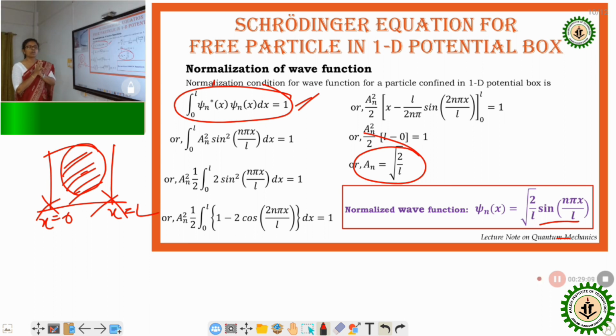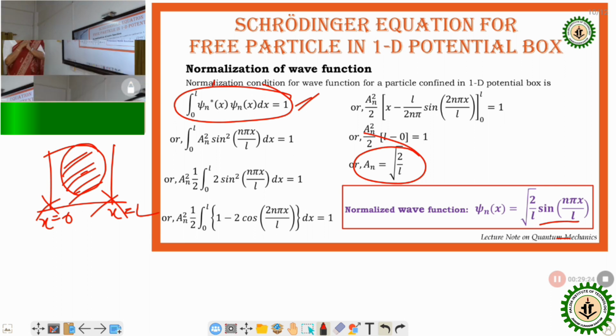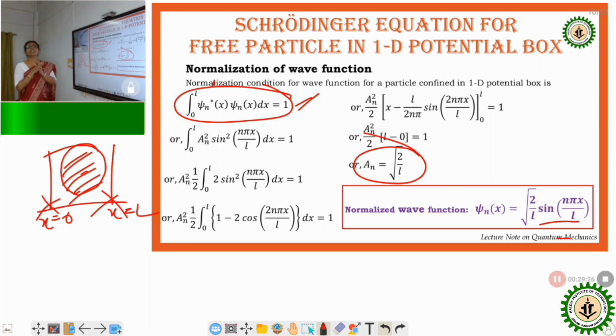The features of the eigen energy are that they are non-degenerate and they are discrete, and the difference between two successive energy levels is going to be increased when n is increasing.